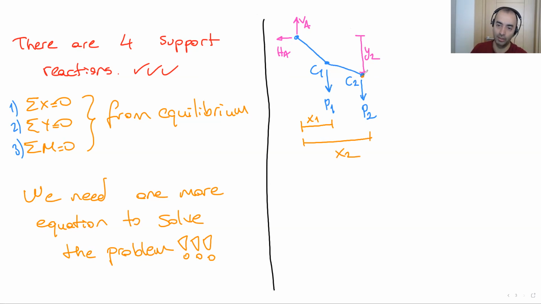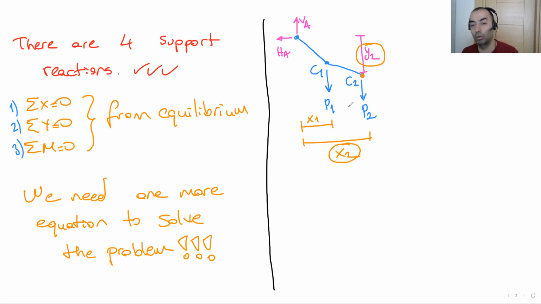So for this point C2, I know the vertical distance and also horizontal distance. So I know where this point is. If I know the location of this point under this loading, I can make calculation.